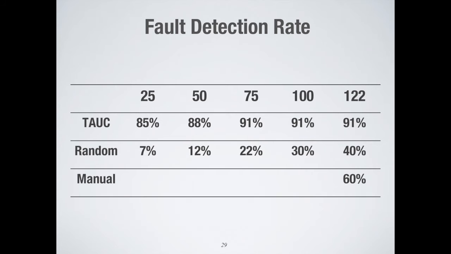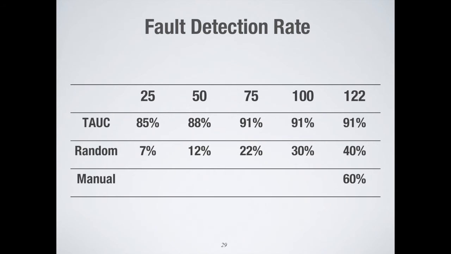From the table, we can see that TALC is much more effective than both random and manual testing, even with a much smaller test suite. For example, the test suite with a size of 75 covers 91% of the faults.